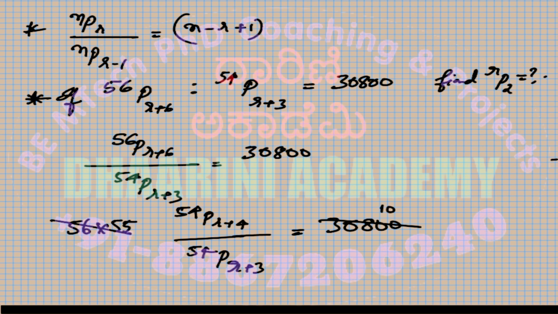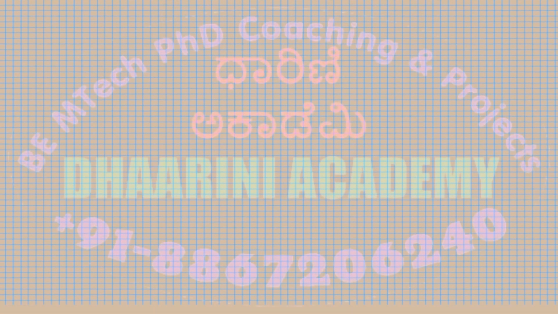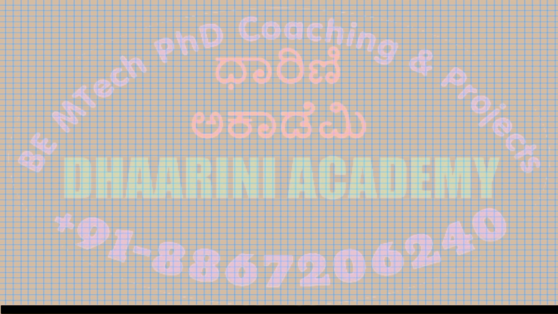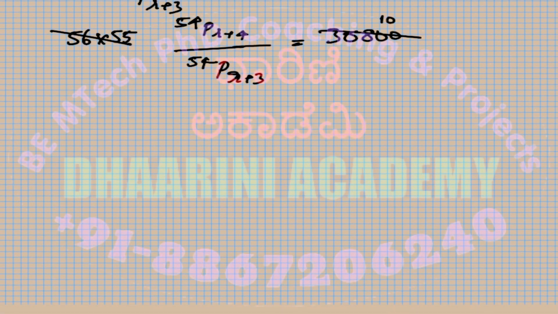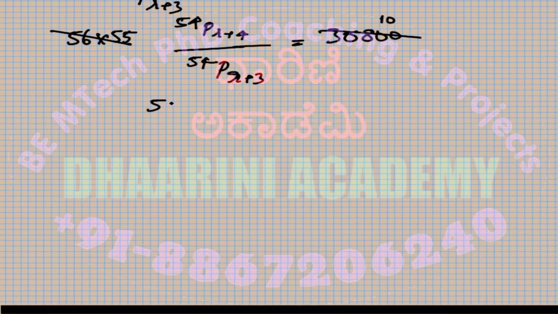So I can directly write: n is 54, minus r, is equal to r plus 4 plus 1. So that should be equal to 10.